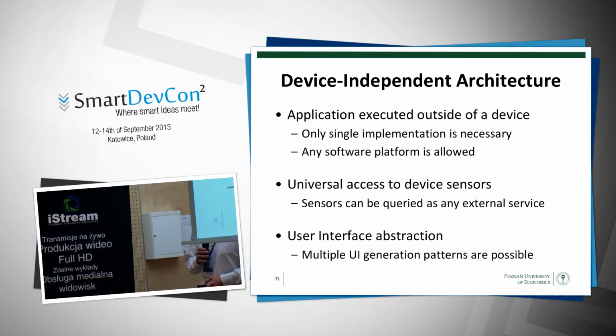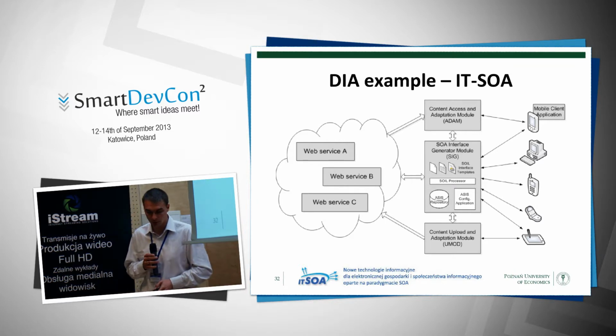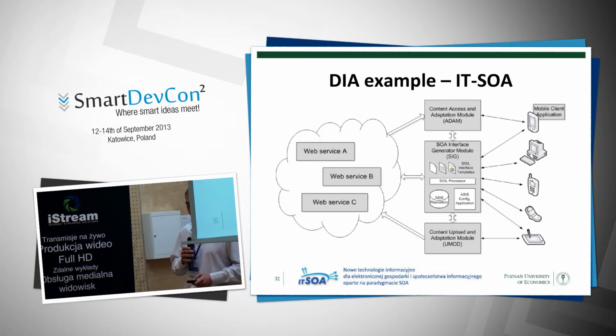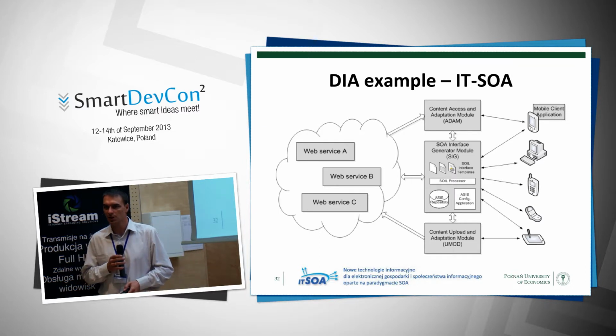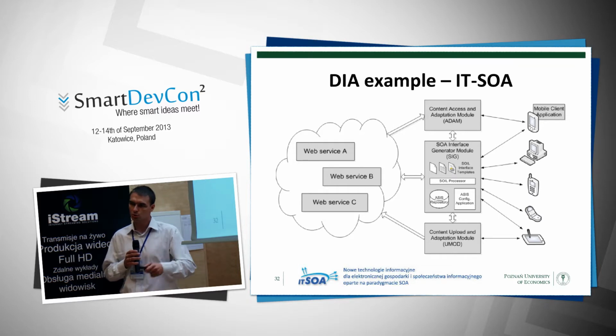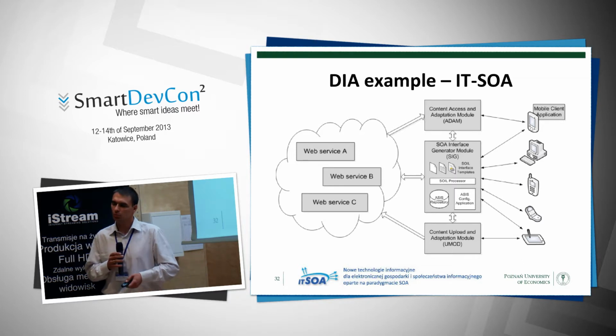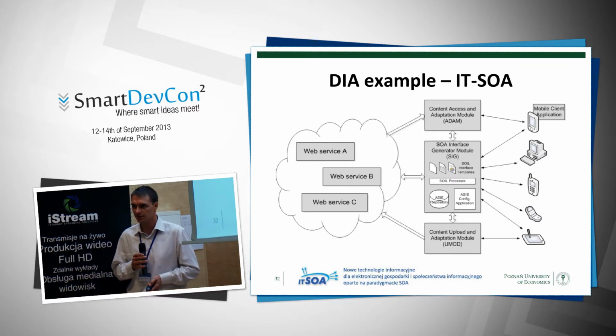Currently, we are researching different aspects of this approach in our research projects, and I will show you a few examples. In one of the projects related to using service-oriented architecture for multiple different business processes and services for end users, we are focusing on providing user interfaces to web services, or speaking differently, to business processes implemented with those web services.